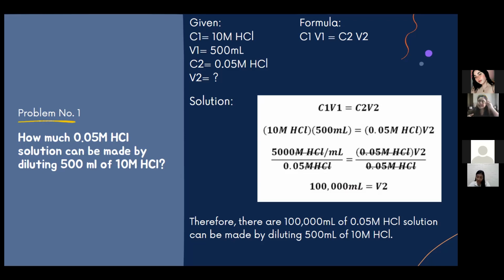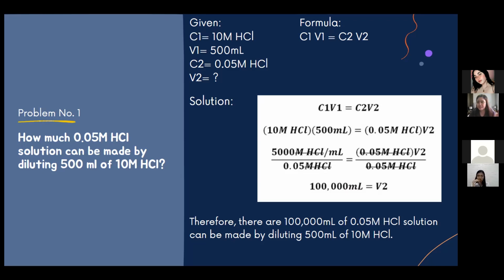Sa dilution, it's a process of making a new solution from the stock solution or original solution, pero mas mababa ang kanyang concentration kasi magdadagdag tayo ng solvent. So in the case of problem number 1, how much 0.05 molar hydrochloric acid solution can be made by diluting 500 ml of 10 molar hydrochloric acid solution.